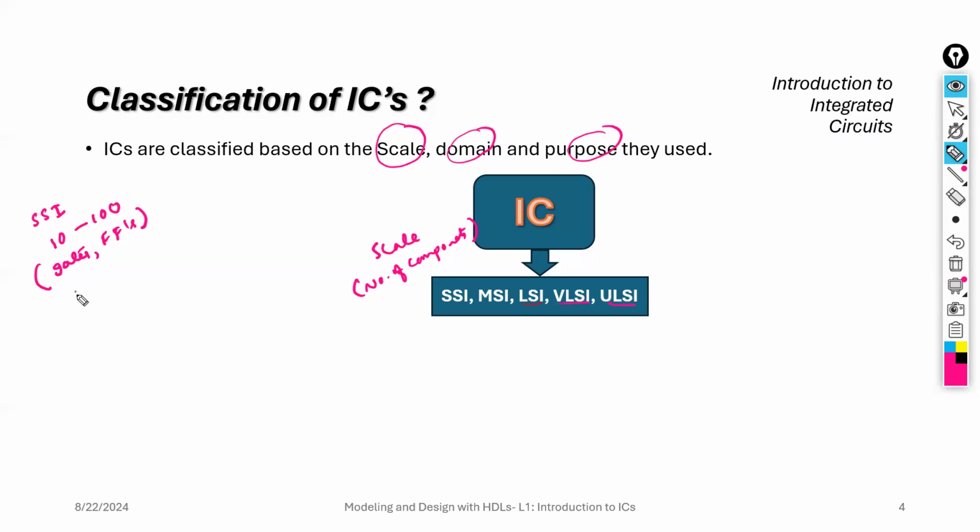The next one is called medium scale integration. What we can see here is that medium scale consists of, for example, more than 100 transistors to 1,000 transistors or components. Usually it's not an accurate value, but around that. So for what purpose do we design this kind of thing?